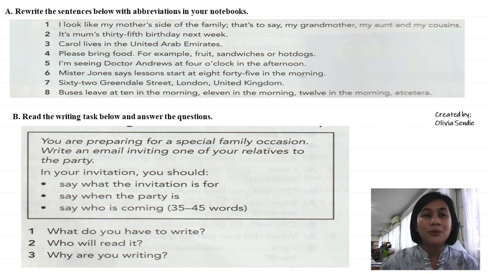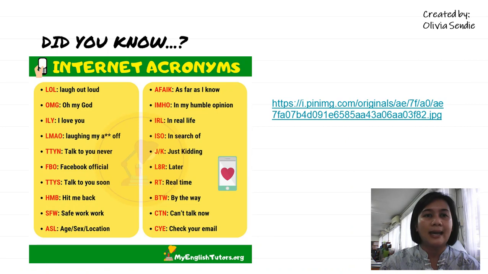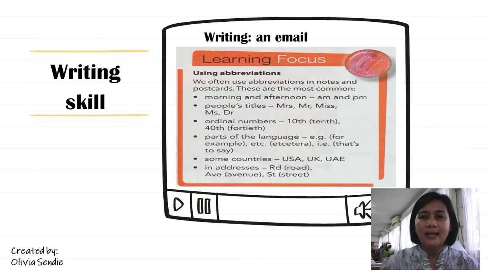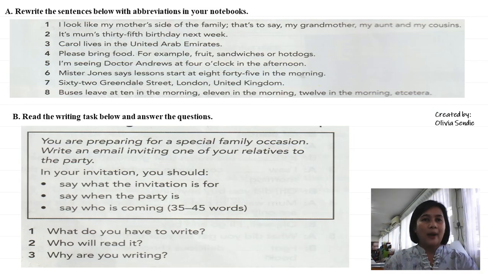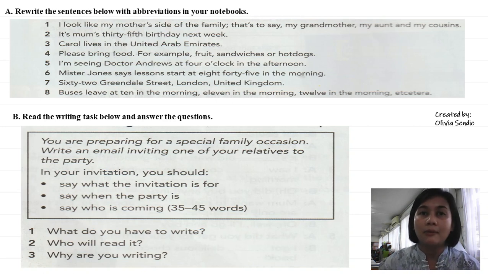You go back to the previous slide. This slide, see? I, E. Yes, correct. I, E. That's to say. Okay, always go back to this slide when you answer practice A. Okay, so I need you to do this later in your exercise book. Okay, and rewrite, remember to rewrite the sentences.